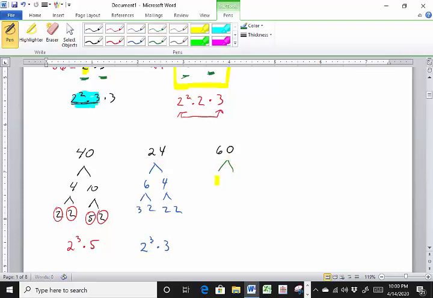And then 60, 10 times 6, 5 times 2, 6 is 3 times 2. Again, let me circle all these prime numbers. The reason why I'm circling them is because then I can really identify that these are in fact prime numbers. Remember that the only numbers that will go into a prime number are 1 and itself.